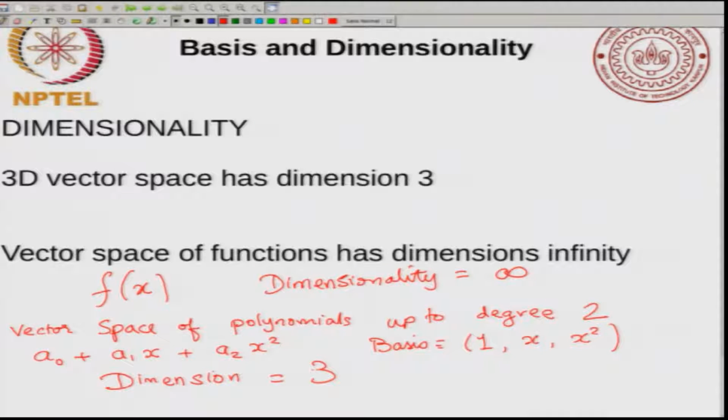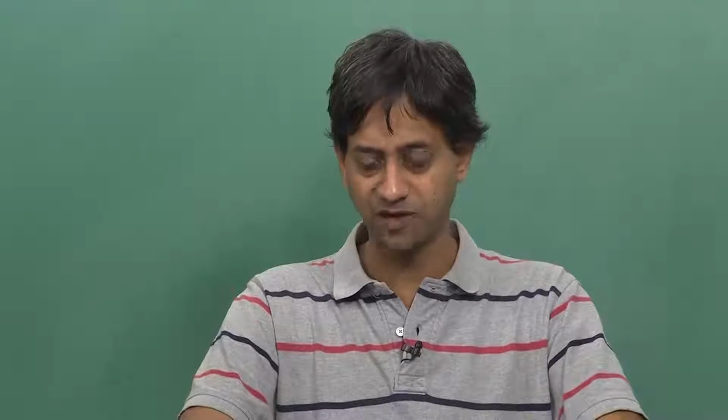Okay. So, in this way you can calculate what are the basis vectors and you can calculate the dimensionality of any vector space, and the most important concept in this is that of linear independence. Actually linear independence is probably one of the most important concepts in vector spaces, and often we will be dealing with vector spaces of functions.